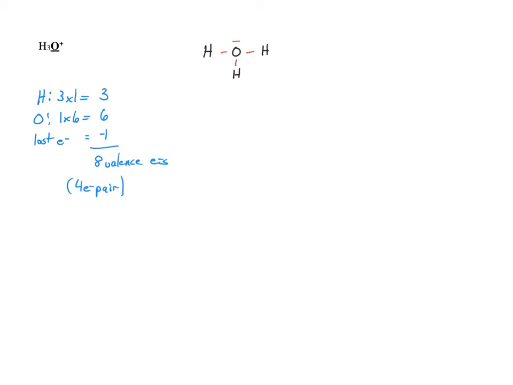The remaining one goes on oxygen, and we have a valid Lewis dot structure. Our steric number is 4. We have 4 regions of electron density around the center atom. It's of molecule type AX3E, therefore trigonal pyramidal.